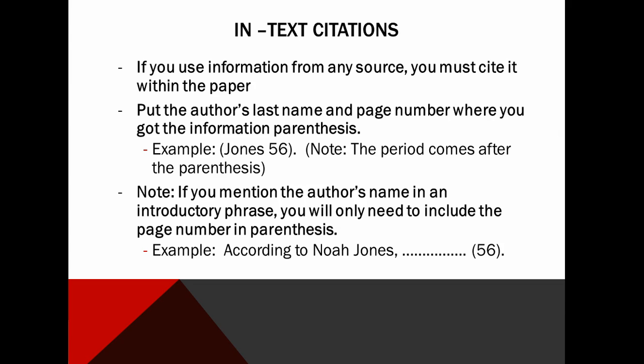If we were looking at an article that came from author Noah Jones, at the end of the quote, we would include this information, Jones 56, because that's the page number we found it on, in parentheses. And notice that the period ending that quotation comes after the parentheses. That becomes part of your thought or your sentence.